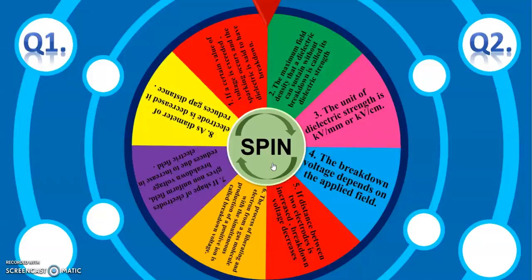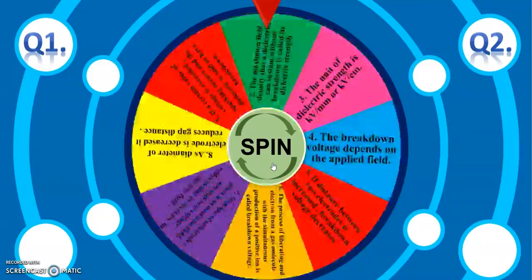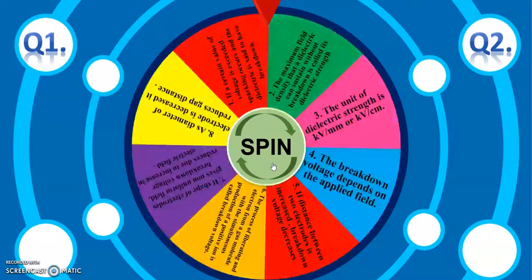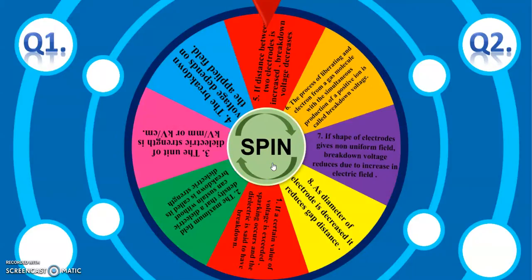I am spinning the wheel. Now see what the question is here: if the distance between two electrodes is increased, breakdown voltage decreases. Okay. False is the answer.